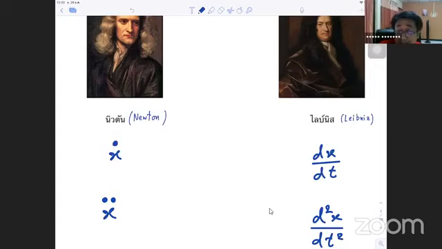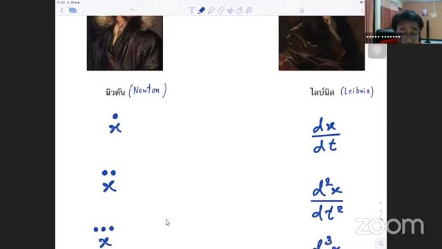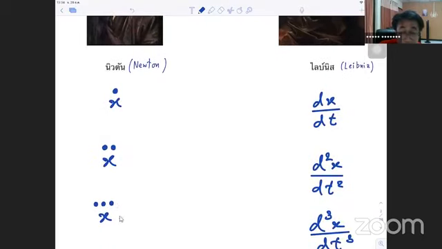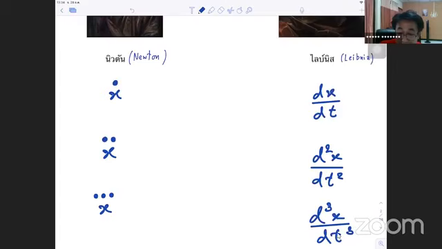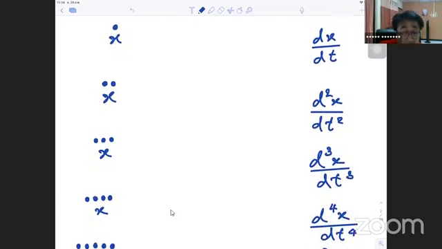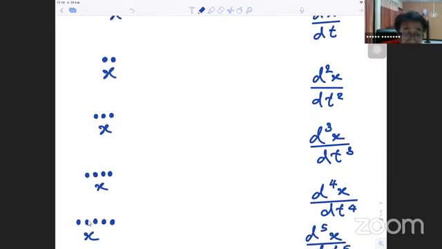In Newton's work, he studied velocity, the first derivative, and acceleration, the second derivative. But for higher order, the third derivative, triple dot, and the fourth derivative by Leibniz, it is difficult to use the Newton symbol because there are many dots.